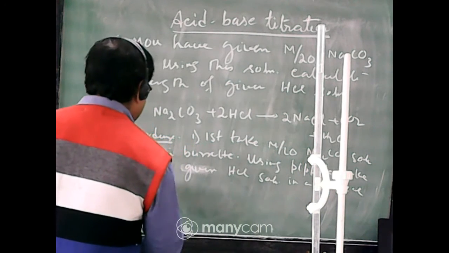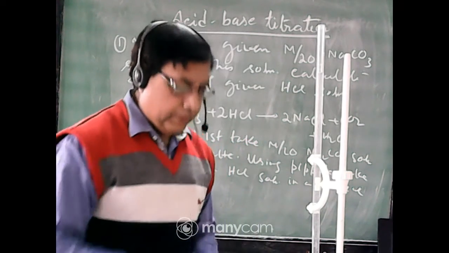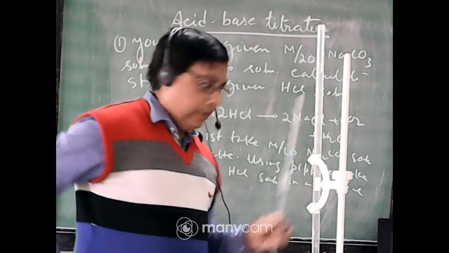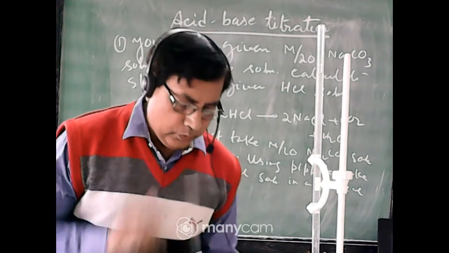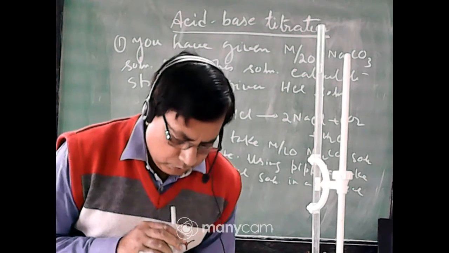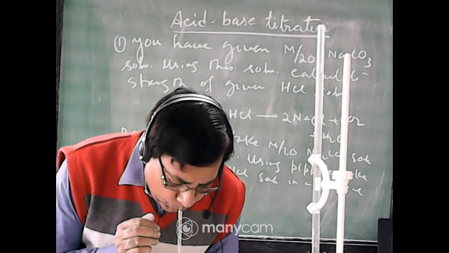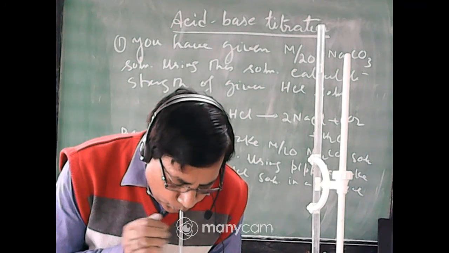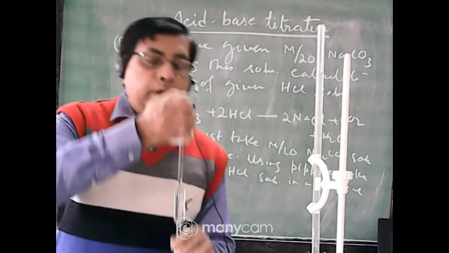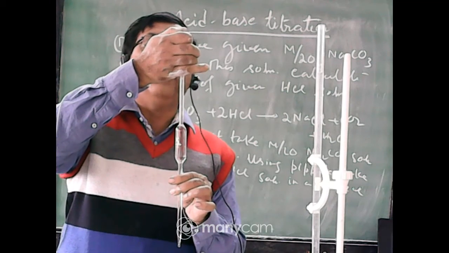How do you take this? Say, this is the pipette. You have to draw the solution with the help of mouth in this way. It is initially difficult to measure in the pipette, but you have to practice.